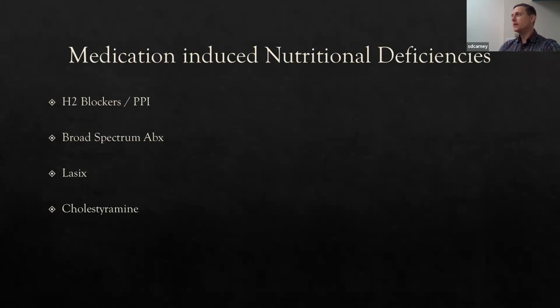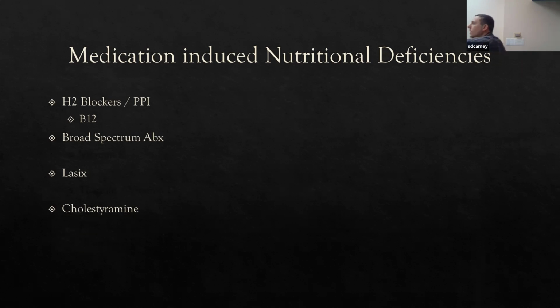And time's up. Okay, so what did you guys come up with? What is affected by H2 blockers or PPIs? Calcium? Protein? B12, why? Well, not necessarily because it doesn't bind.